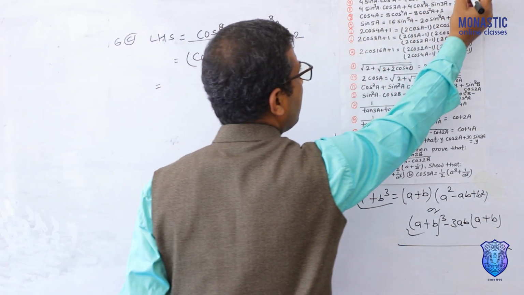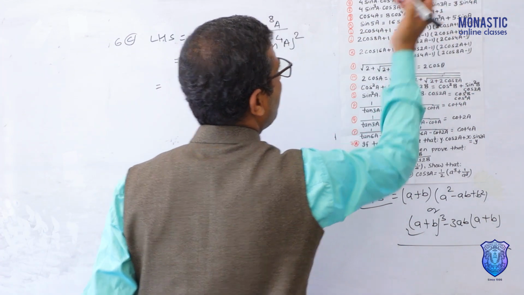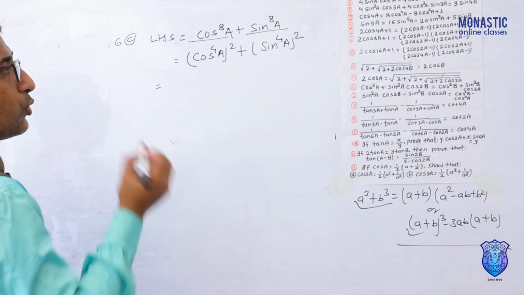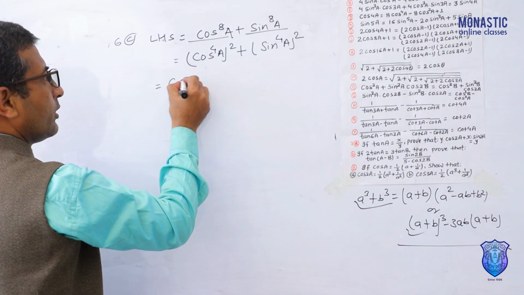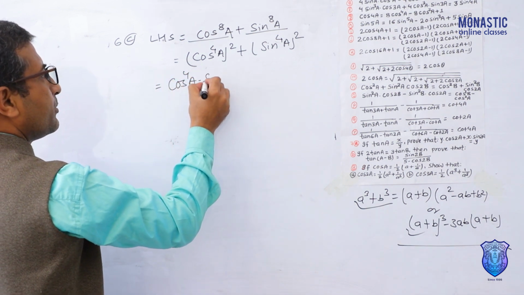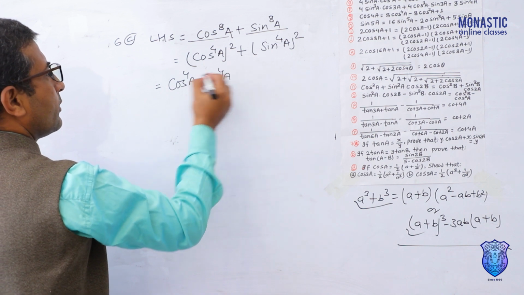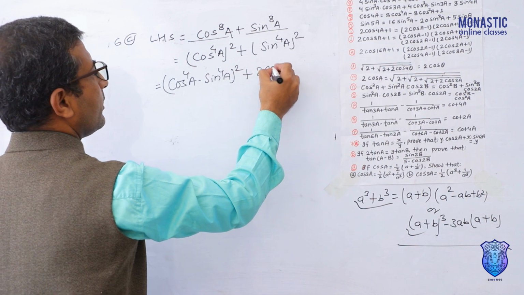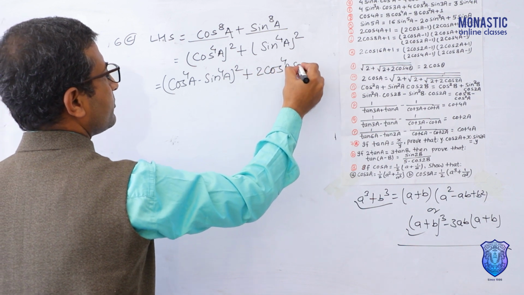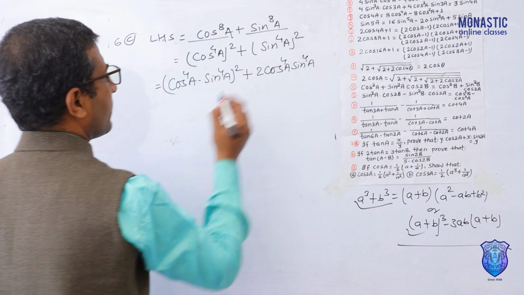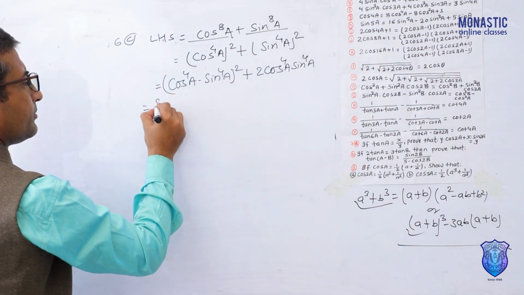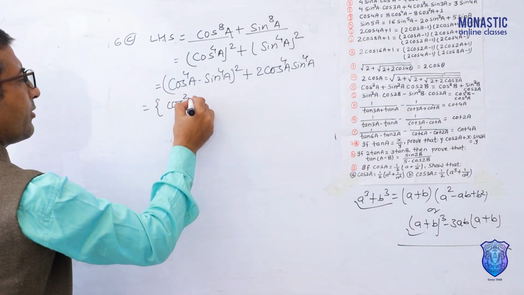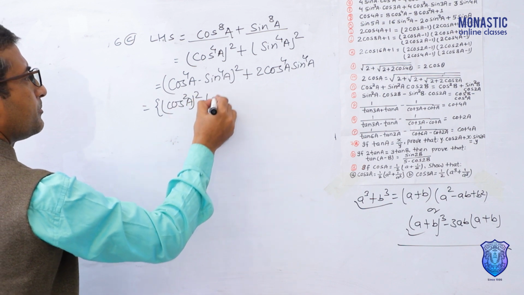So when we look there, in power 4 we need plus here. So we must have to use a minus b whole square plus 2ab. That's again in the bracket you have a square minus b square.